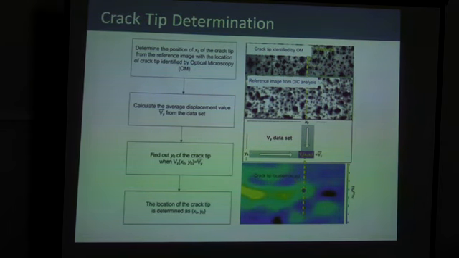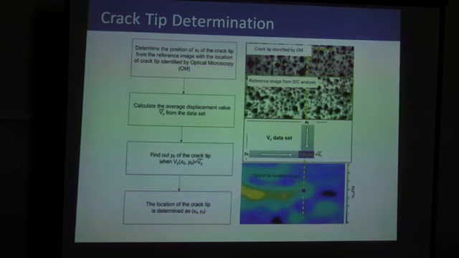Now, determining the crack tip position is very important because we need to be sure which is the wake and which is the front. This is the method that we use. For the system, we do have a microscope with which you can see the crack quite clearly. This is under no load. We can trace the X direction first, and from that X direction, we go down.